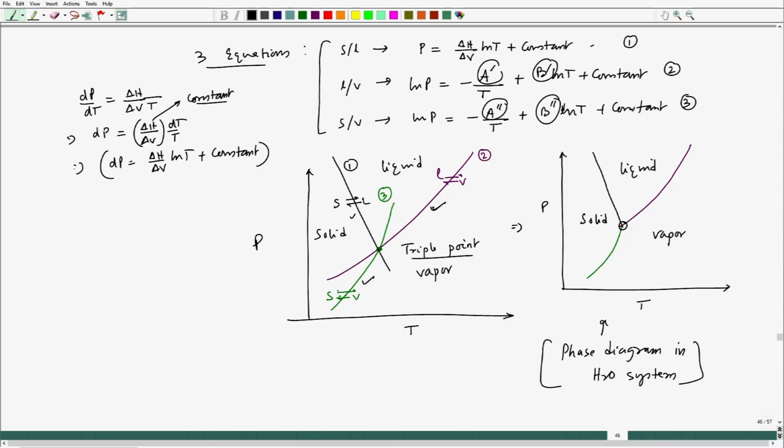So, that equilibrium concept gives us this phase diagram of pressure and temperature, showing three phase coexistence. At only one particular point can three phases exist under equilibrium, but at all the other points on those lines, there is two phase equilibrium. So, let me stop here. We will continue. Thank you.